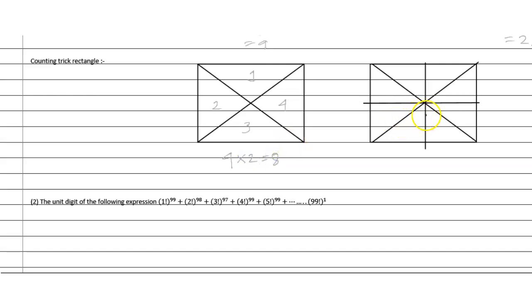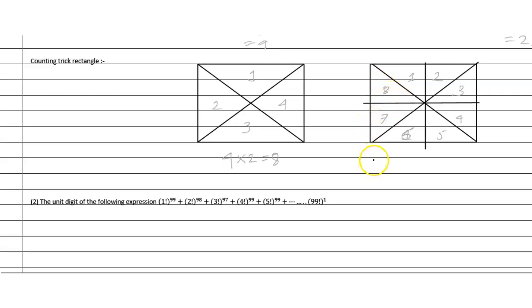And after that in here, if you see, that is 1, this is 1, 2, 3, 4, 5, 6, 7, 8.